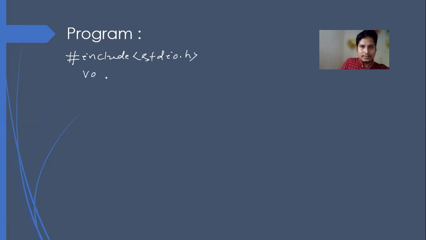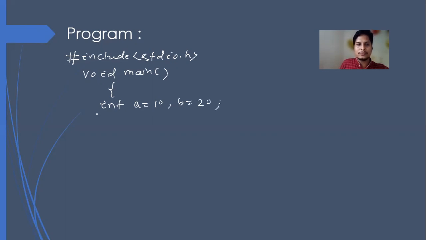Next, void main, opening curly bracket, int a equal to 10, b equal to 20, semicolon.